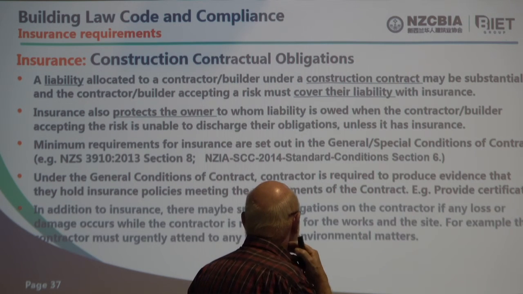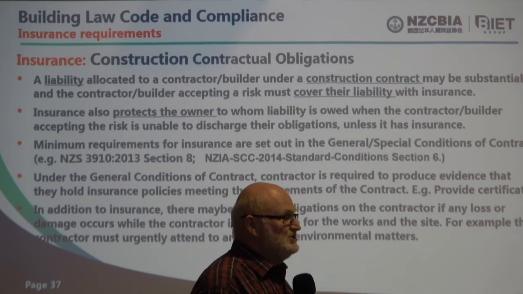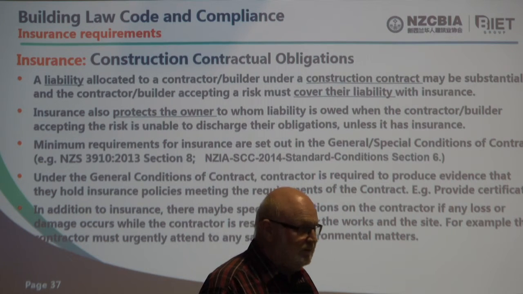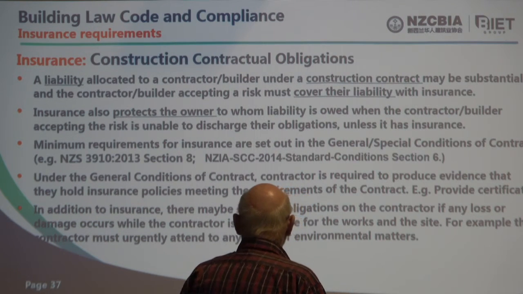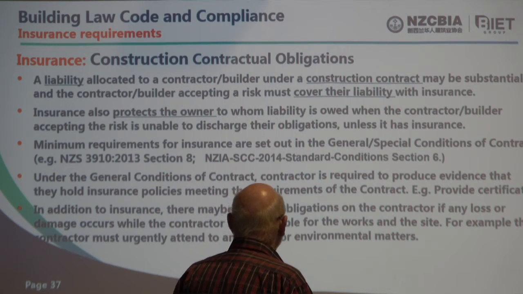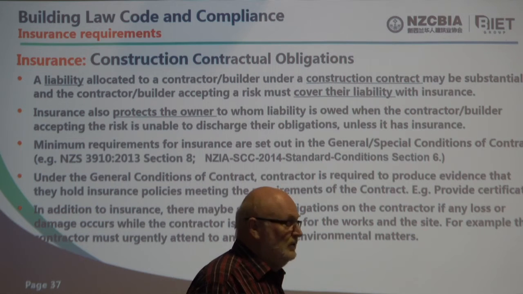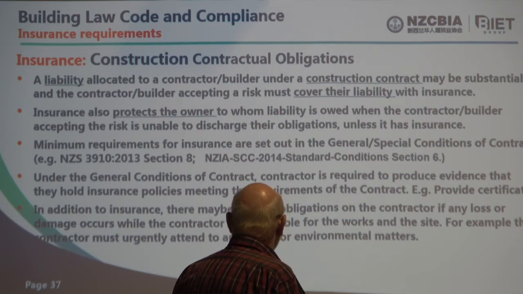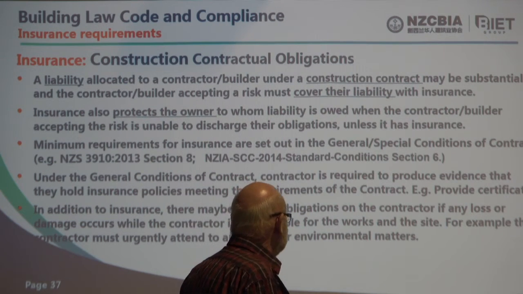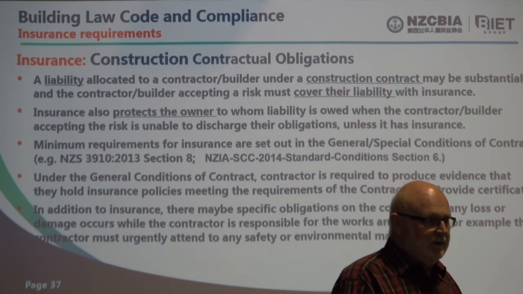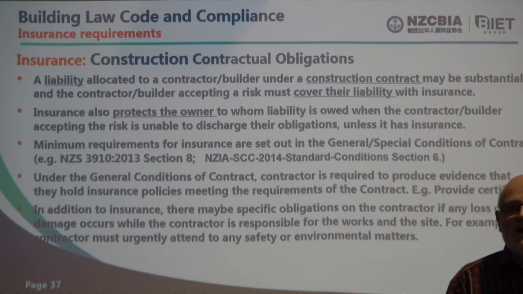In addition to insurance, there may be specific obligations on a contractor. So if any loss or damage occurs, the contractor is responsible for the works on the site. For example, the contractor must urgently attend to any safety or environmental matters. So, for example, the retaining wall falls over.